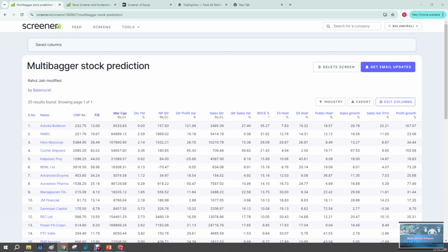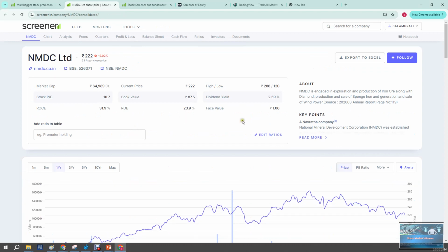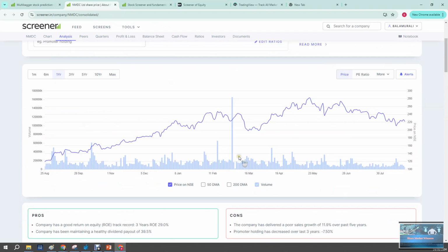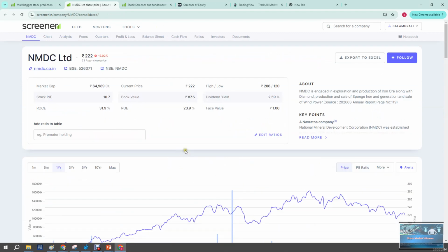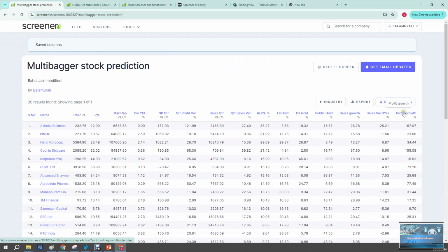See, here the only thing is once you screen, let's take this as an example. In this NMDC, you can check what is the fundamental of it. And another thing is whether the volume of the stock is increasing or not, that you can see by running some of the regular volumes, you can add it.